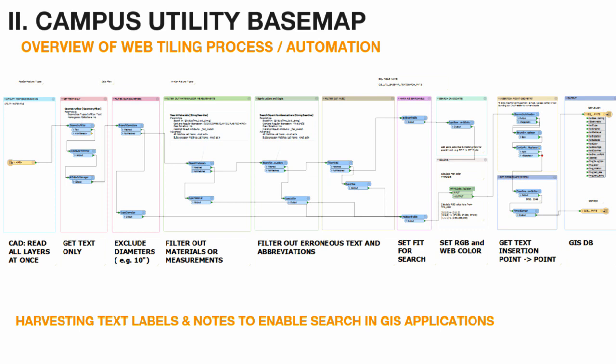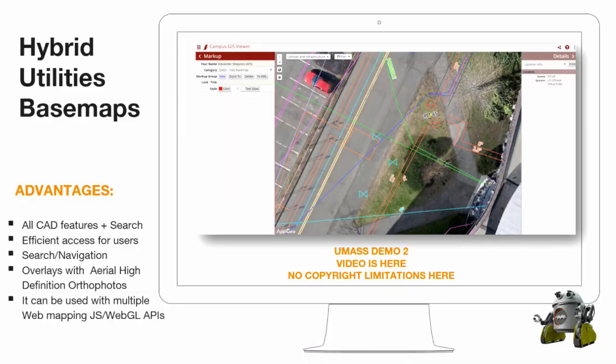It's amazing what you can do through Python and regular expressions, and the definition you can have when you say what you're looking for out of this drawing. So filter out all the erroneous text and abbreviations and things like that, set it all up, get the text insertion points, and then put it into a GIS database.